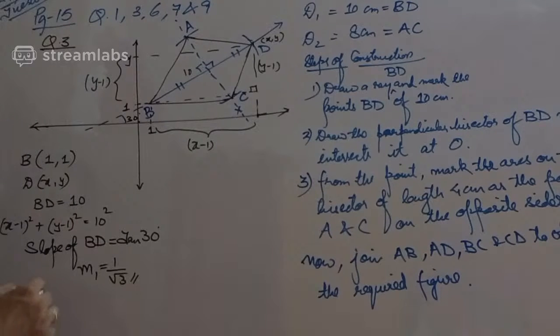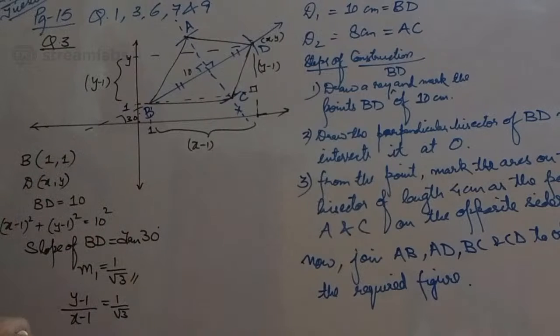So according to it, y minus 1 divided by x minus 1 will come 1 divided by root 3, and from there y minus 1 into root 3 equals x minus 1.